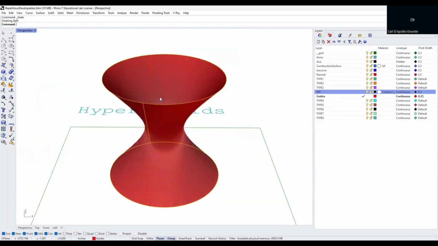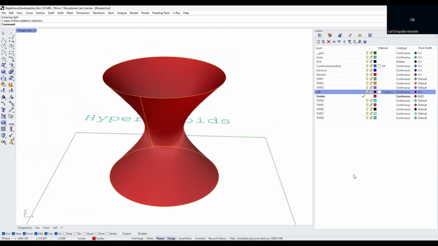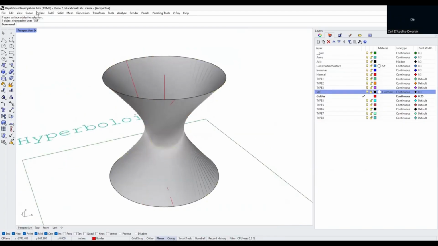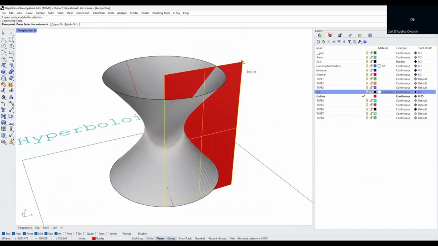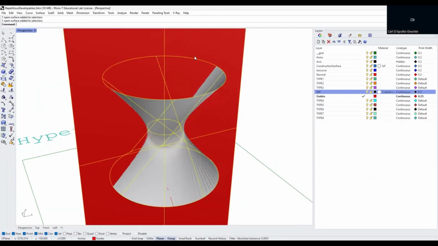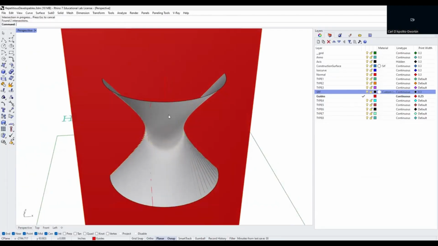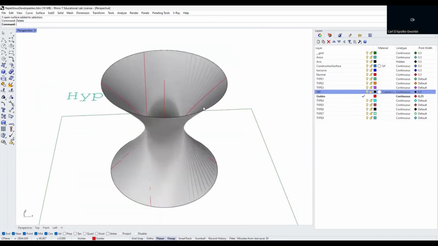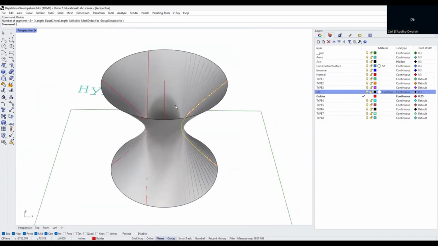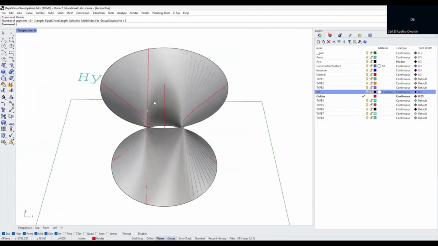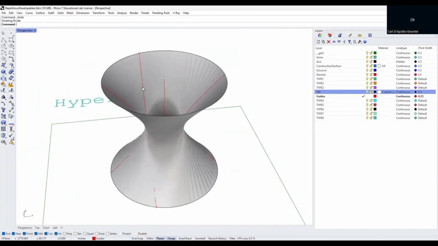But to backtrack a little bit, just looking at the hyperboloid, if I take a plane vertically through the axis and I intersect it, I get these curves. So if I divide one of those, actually divide into 5, maybe I'll do 6, and I extract these isocurves.